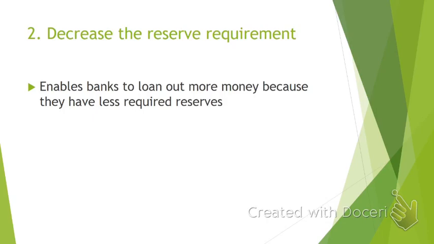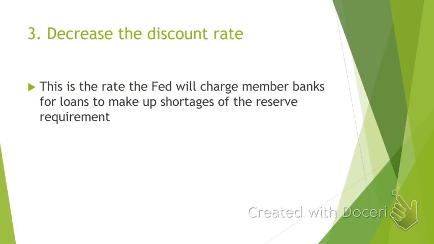Okay. So, the second tool, decrease the reserve requirement. It enables the banks to loan out more money because they have less required reserves, and so it's another way to increase the money supply. Decrease the discount rate. This is the rate the Fed will charge member banks for loans to make up shortages of the reserve requirement.